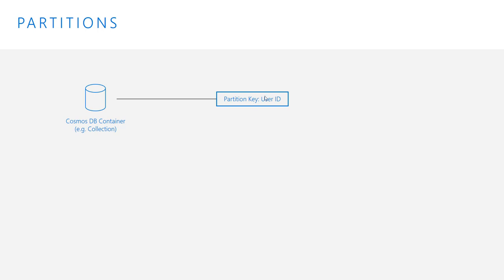So what happens when you are writing data to Cosmos DB, you define a partition key. And this partition key has to be something which is very, very granular. The more values you have, the better it is. So if you have a partition key which is user ID, and you have millions of users, that's good. You don't have to worry. This partition key is not equivalent to a physical partition.